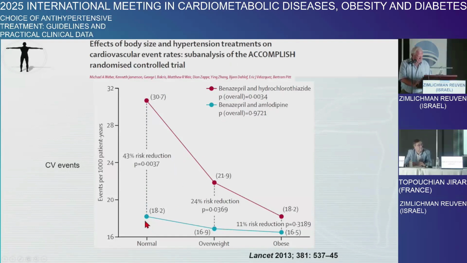In normal patients, there is a high cardiovascular event rate. If they are treated with hydrochlorothiazide plus ACE inhibitor, there is a significant decrease in events in obese patients, while in non-obese patients, there is a decrease, but it is very, very slight.